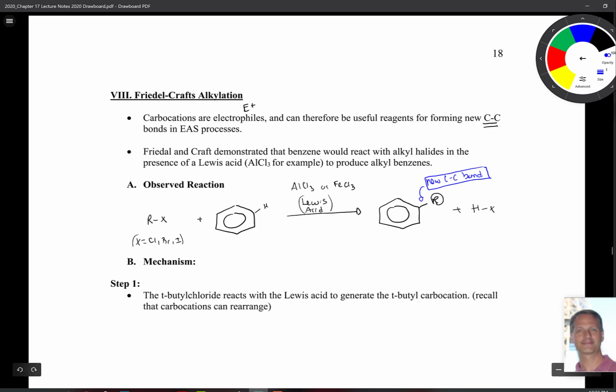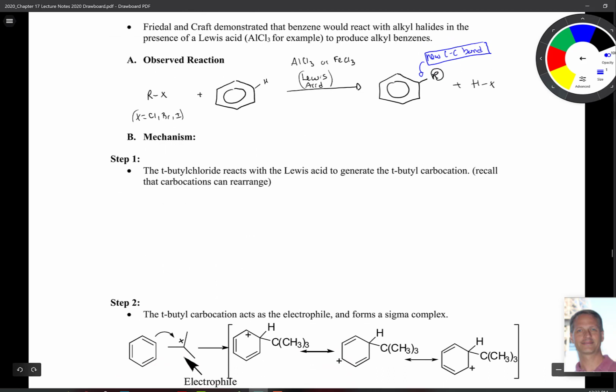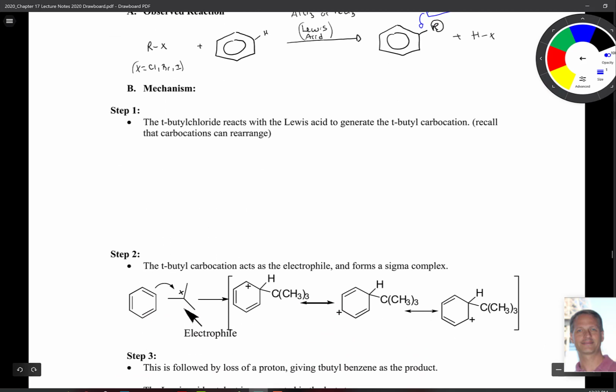The mechanism is actually fairly straightforward. So if we look down below here, let's just look at an example. Let's take tert-butyl chloride. So put a Cl group here. And what we're going to see is that reacting with AlCl3. All right, now what happens is that these electrons come over here and then bond to the aluminum.